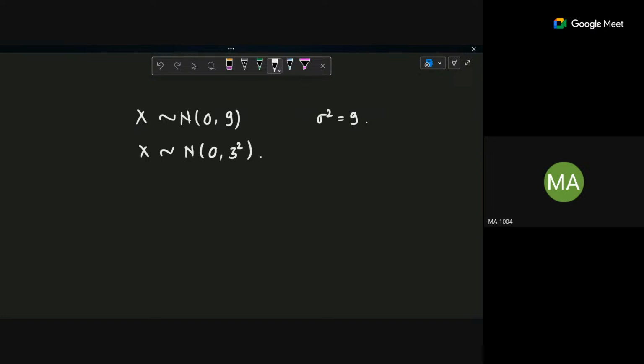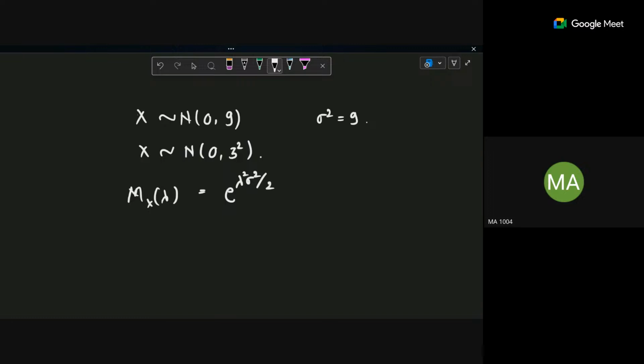Now, what is the MGF for a normal random variable? Exponential of lambda square sigma square by 2.